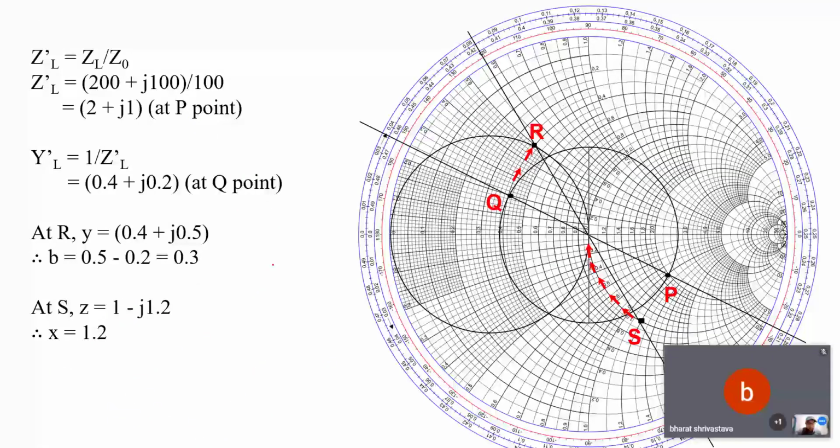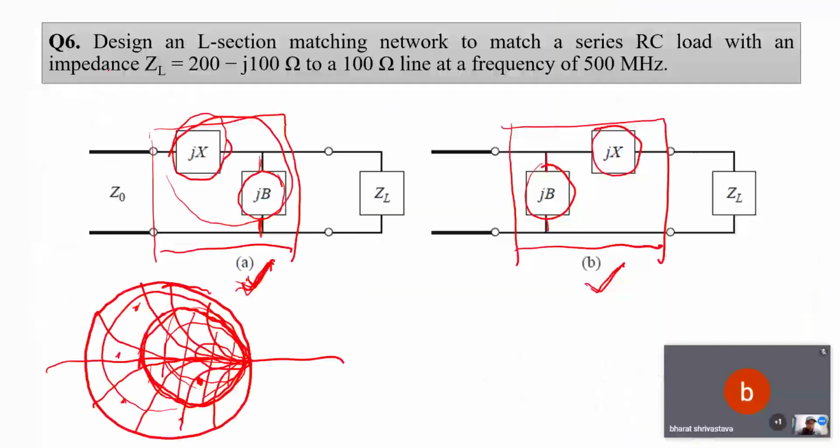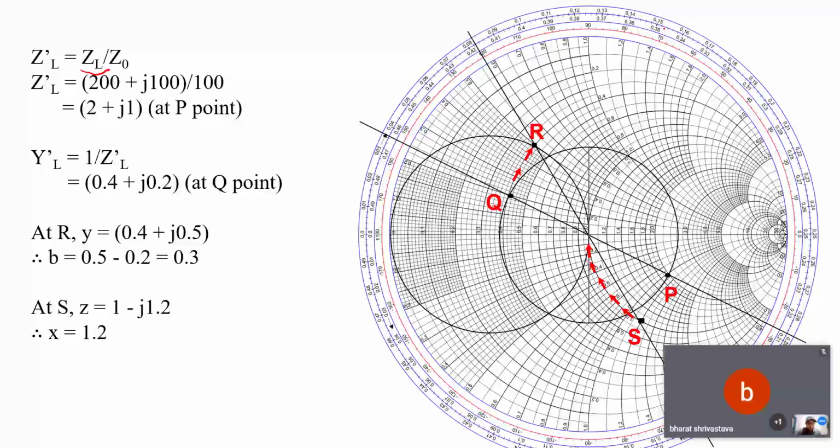Okay, so our load impedance is, I think I have written wrongly here. This will be 200 plus j100 ohm. So consider it RL load instead of RC load. This is my normalized load impedance: 200 plus j100 divided by 100, where 100 represents the characteristic impedance of the line.